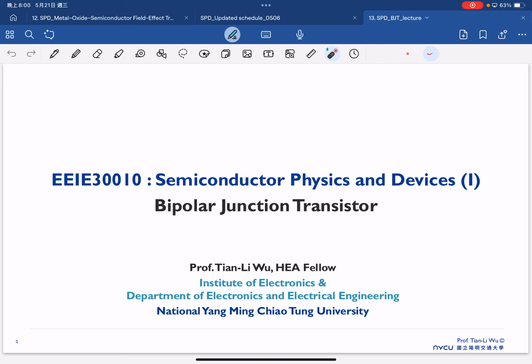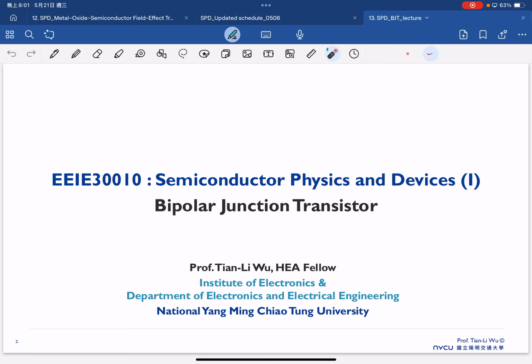But I don't mean that BJT is not that important. Actually, the bipolar junction transistor is also a very important technique. In the past, this could be used for logic, but nowadays the BJT is mainly used for some specialty applications. Of course, the application for BJT has decreased a little bit.